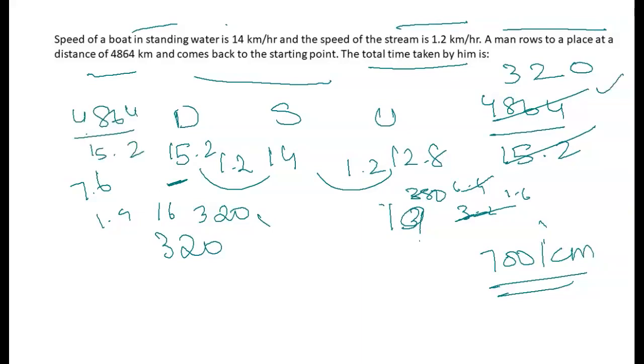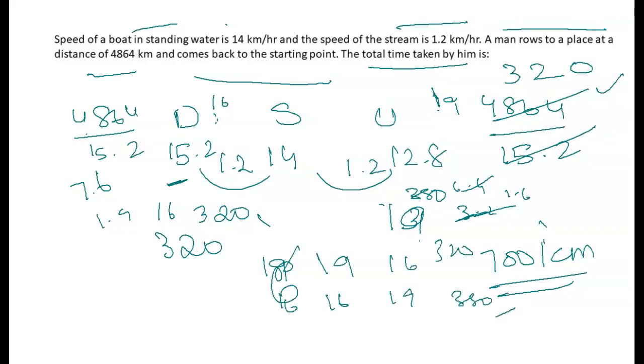If this is 320, the speeds are in the ratio 15.2 to 12.8, which is 16 to 19. The time taken will be 19 to 16. Sorry, 19 to 16 is the speed ratio, so the time taken will be 16 to 19. The 16 parts is 320 and 19 parts would be 380. Together it is going to be 700.